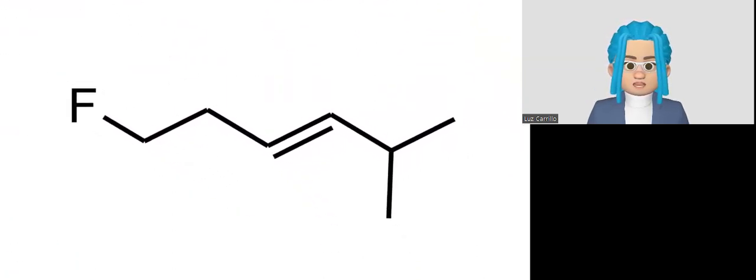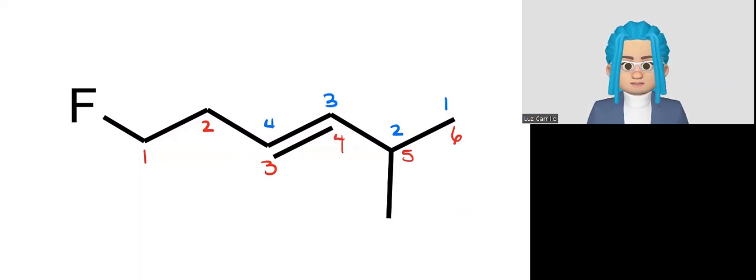Here we have another alkene. In this alkene, if I number it left to right, 1, 2, 3, 4, 5, 6. Let's observe that this is considered an equidistant alkene because the numbering from left to right and from right to left places the alkene between carbons 3 and 4.